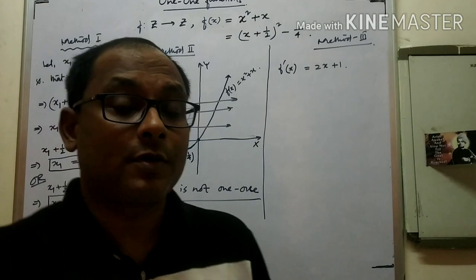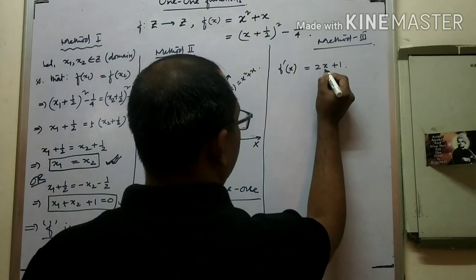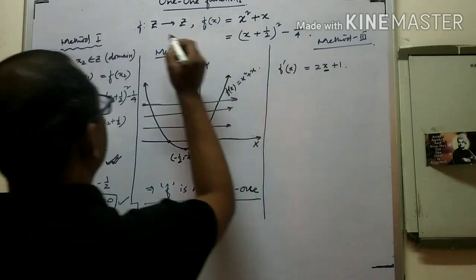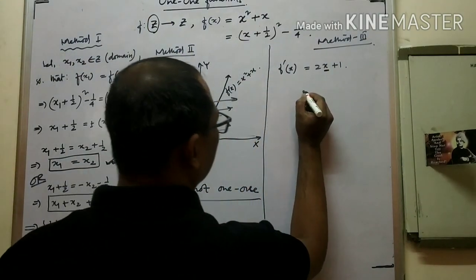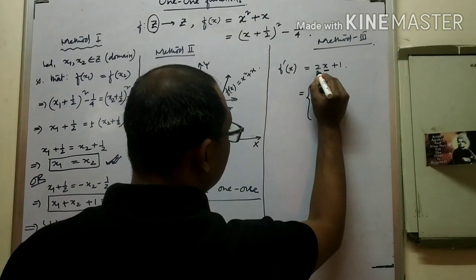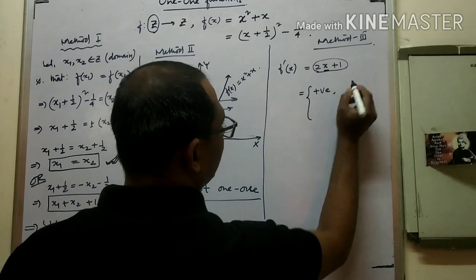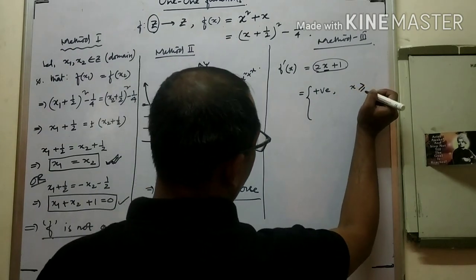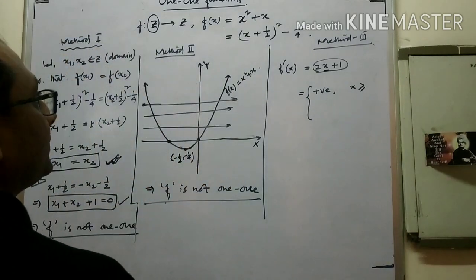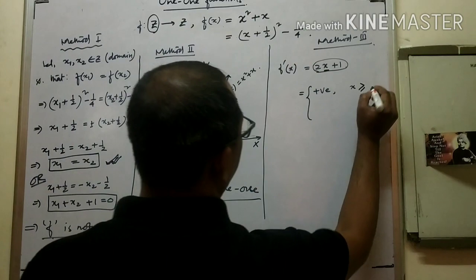We need either positive or negative exclusively. What are the possible values of x here? The value of 2x plus 1 is positive when x is greater than or equal to minus half.